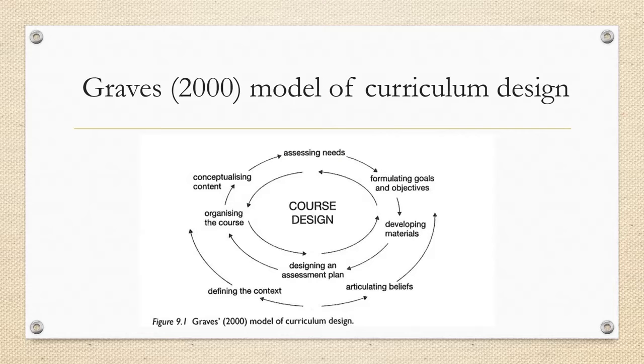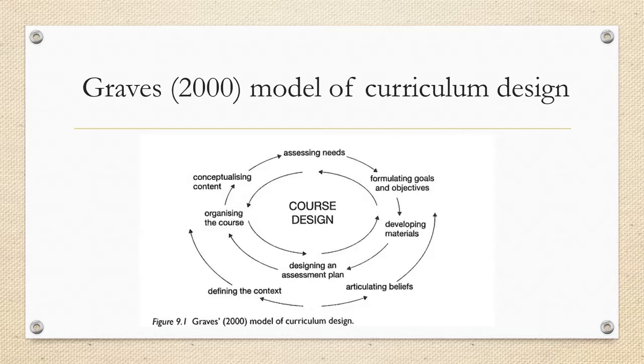Graves in 2000 came up with a model of curriculum design, and in a lot of ways it is similar to the types of things that you're talking about in this textbook. The textbook actually makes an effort to make connections between what you're seeing in this model and the terminology that they're using. So for example, defining the context is something like the environment analysis.